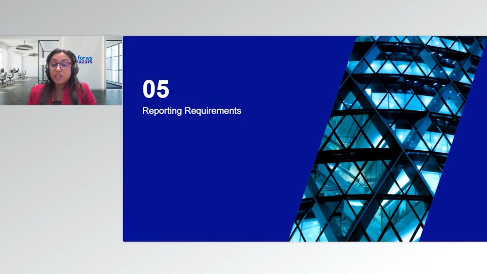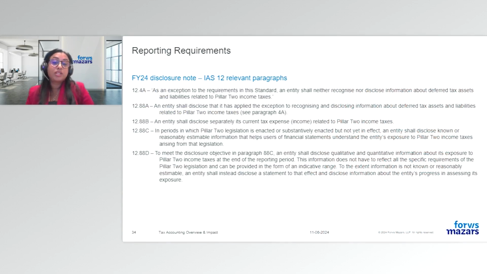In 23, we saw that most companies in scope of Pillar 2 already disclosed the effect of Pillar 2 in the financial statements, quantitative and qualitative. So for your convenience, we summarize the relevant paragraphs for IFRS purposes. Scott will dive into the US GAAP requirements in a bit. The Pillar 2 deferred taxes shall not be disclosed in the financial statements.